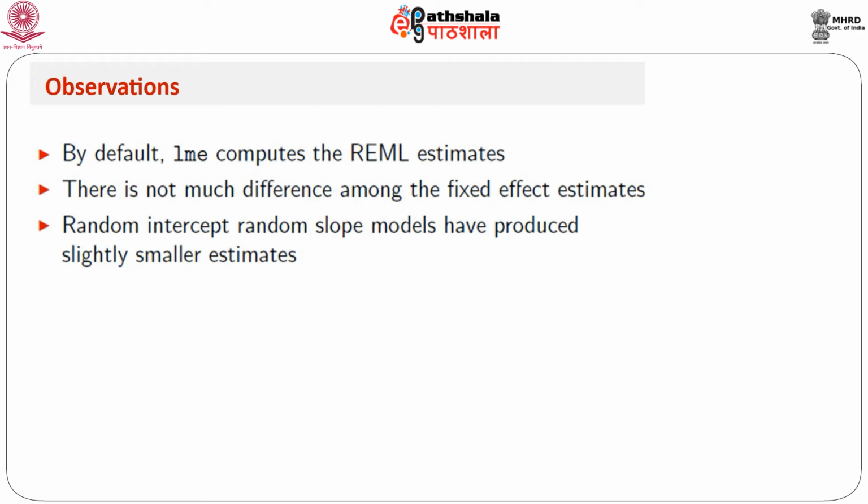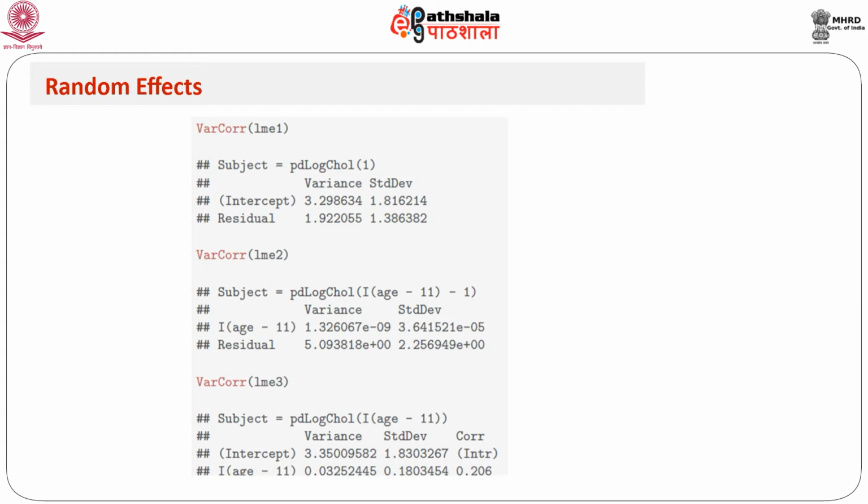There is not much difference among the fixed effect estimates, that is true, and the random intercept random slope model has produced slightly smaller estimates, although I have presented here the output rounded to 2 digits. If somebody uses summary(lme1), summary(lme2) and summary(lme3), then this feature can be easily understood.